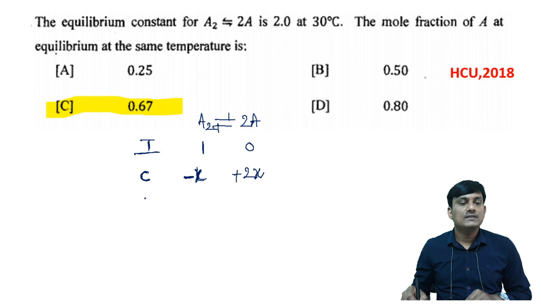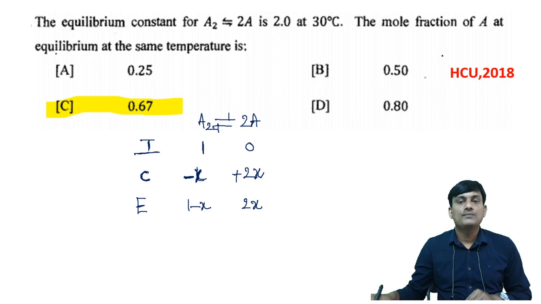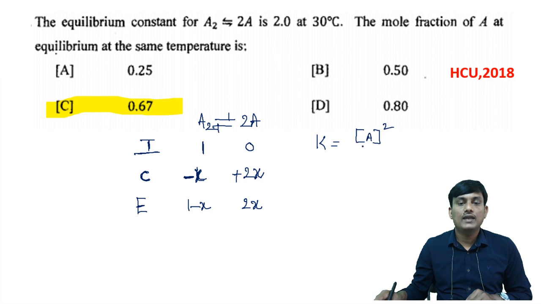So what is the concentration at equilibrium? It will be 1 minus X moles of A2 and 2X moles of A. Here the equilibrium constant is given. At equilibrium, K is equal to the concentration of A square by the concentration of A2.